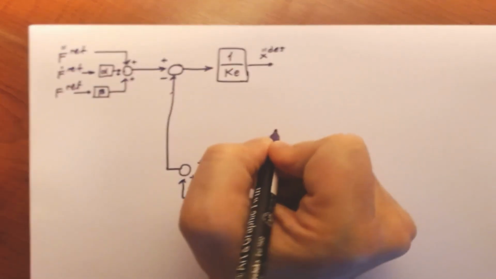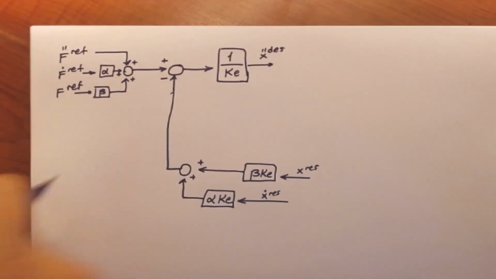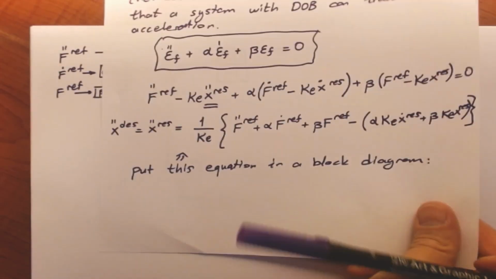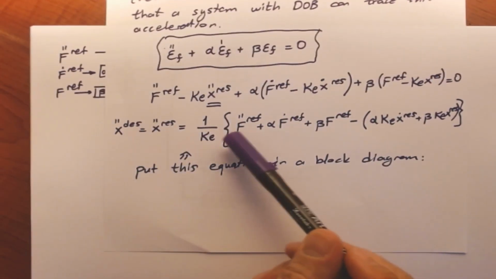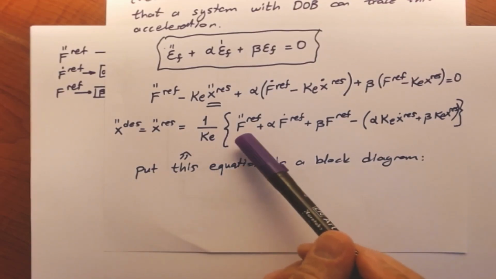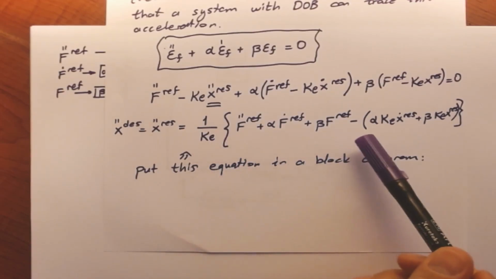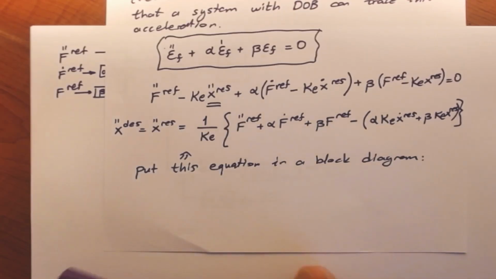If you remember from the previous equation, let's go back. It's here. X double dot desired is equal to 1 over KE times the force part minus the feedback from your system.